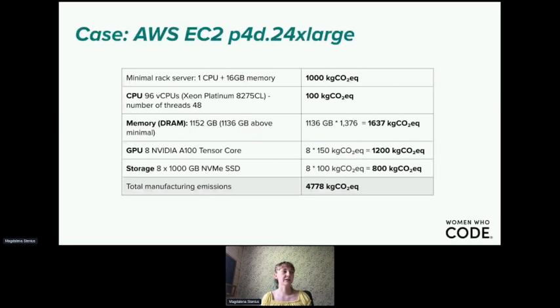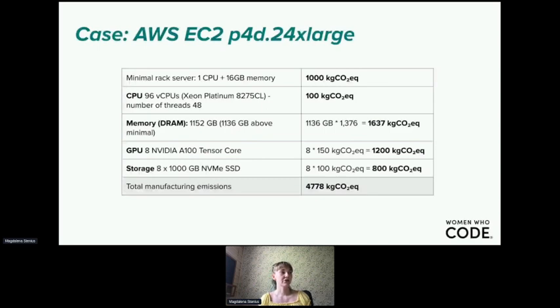When we look into that specific processor's details on Intel's page, we can see that it is able to thread 48 threads at a time. This means that 48 virtual CPUs exist on one physical CPU. So if we have already one CPU defined in the minimal rack server, we only need to add one more to the calculation.